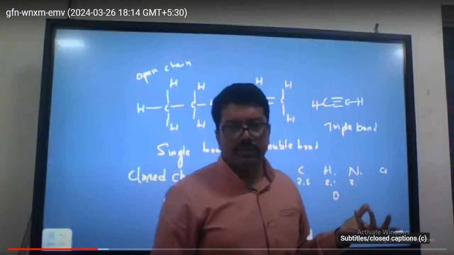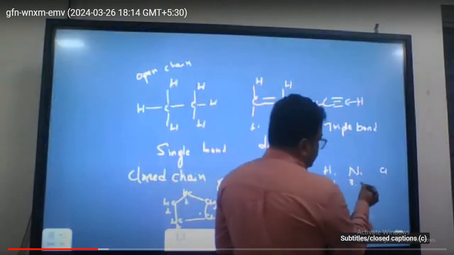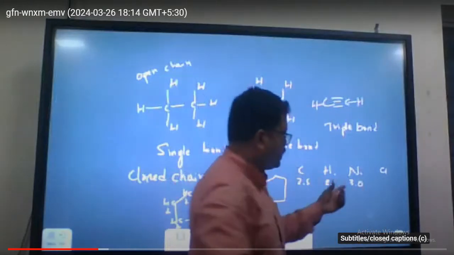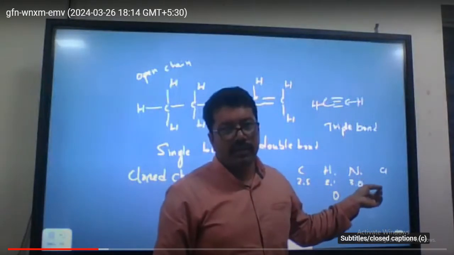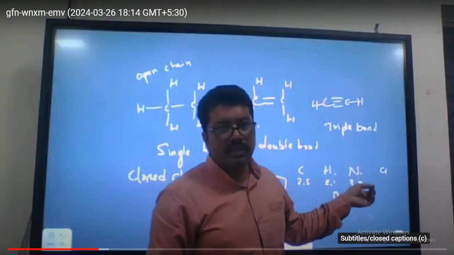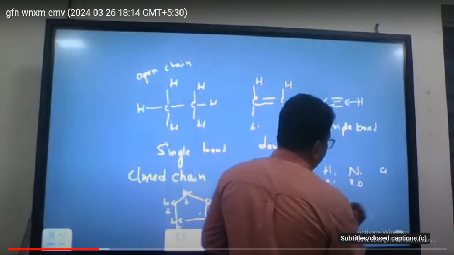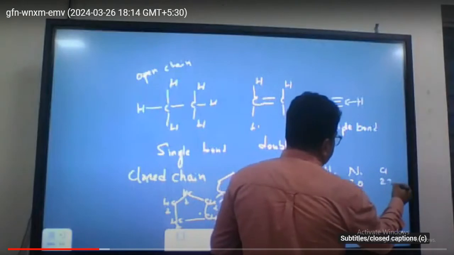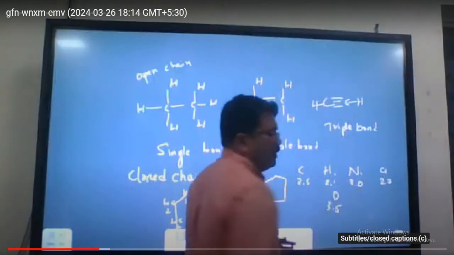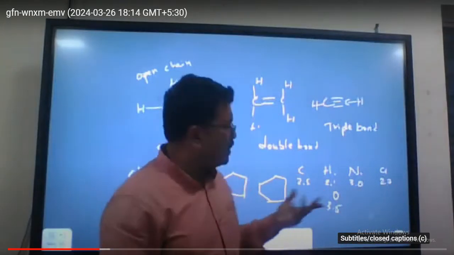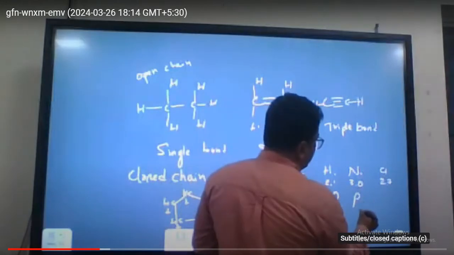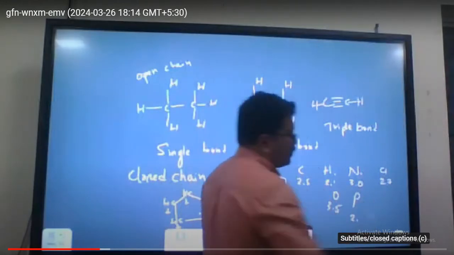Chlorine is around 2.7, I think. And phosphorus is 2.1.